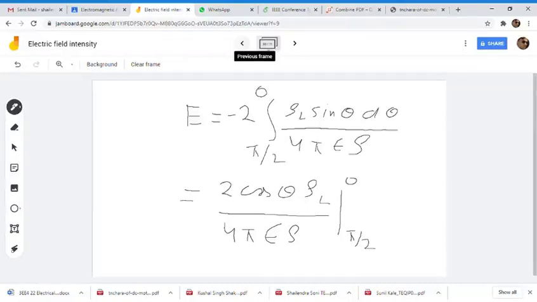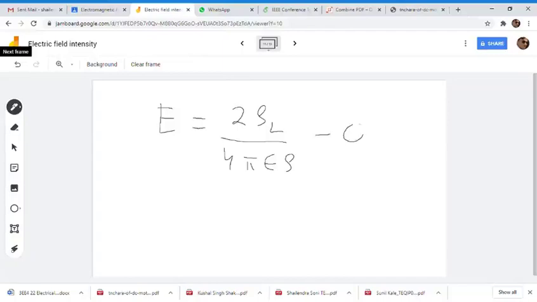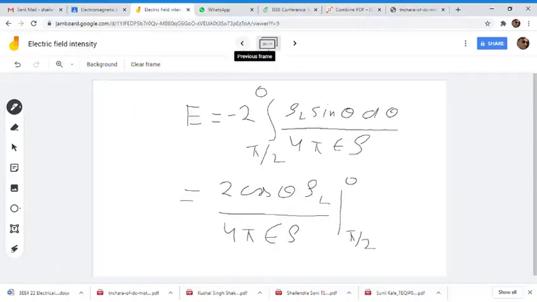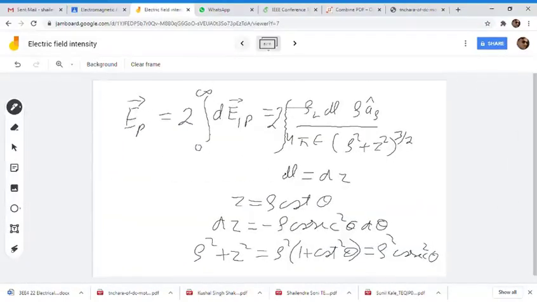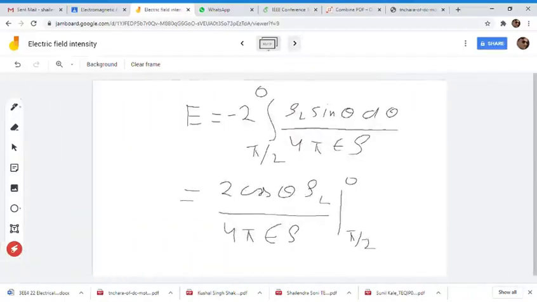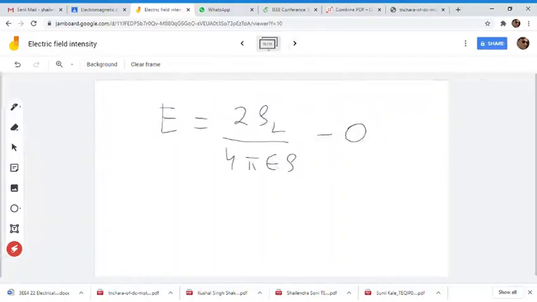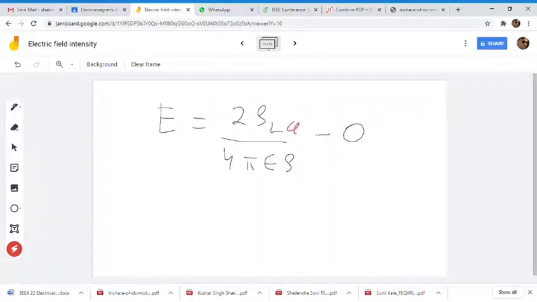So cos pi by 2 is 0, so the minus term will be 0. And from the starting itself, we know that only a rho component is remaining. So this electric field at point P only has a rho component, that is the radial component in cylindrical coordinates. So here as well it will be a rho.